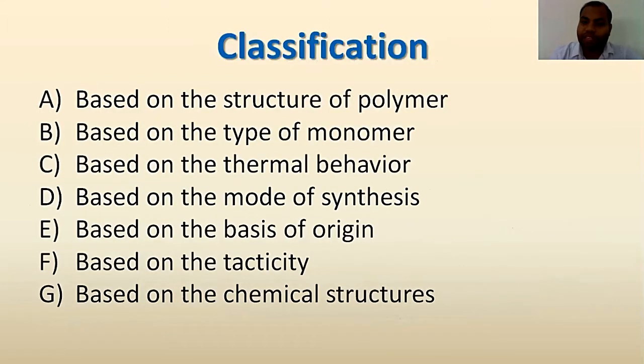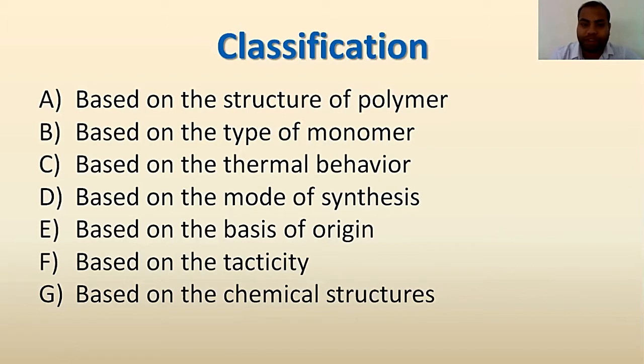The classification is based on their properties, structure, thermal behavior, tacticity, mode of origin, and basis of synthesis. The first classification is based on their structure and the presence of monomer, whether they are of a single type or different types.